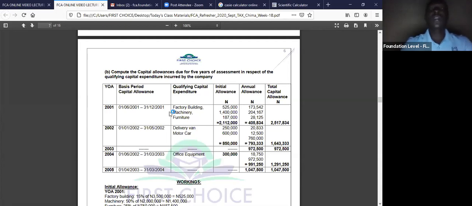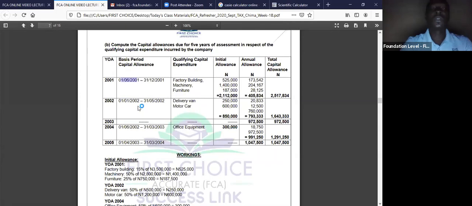Look at factory building. It was deemed to have been bought here on this date. So look at what we did.